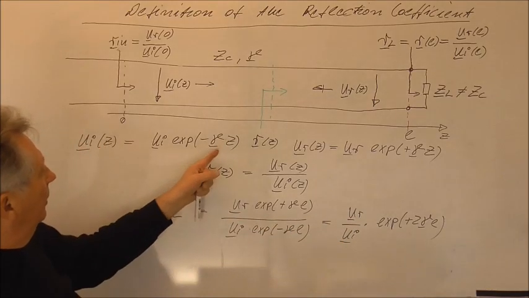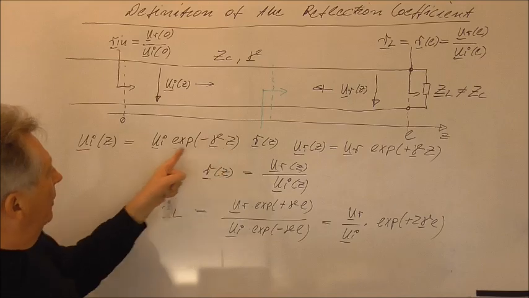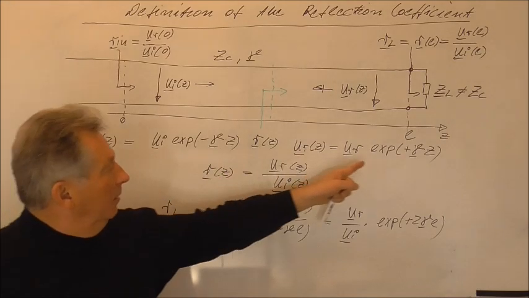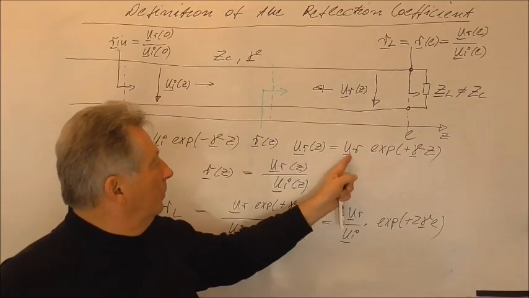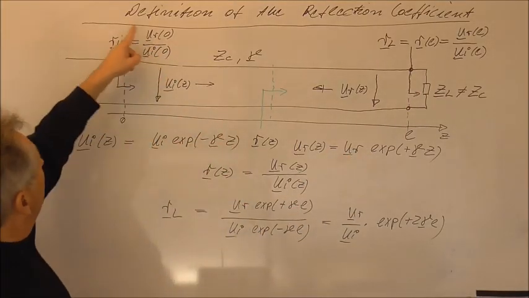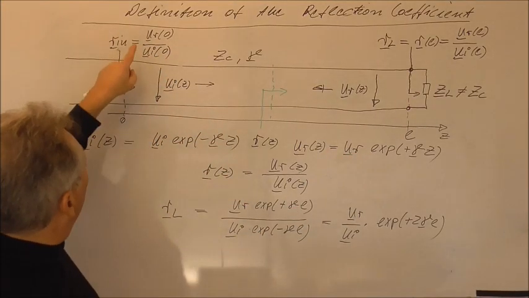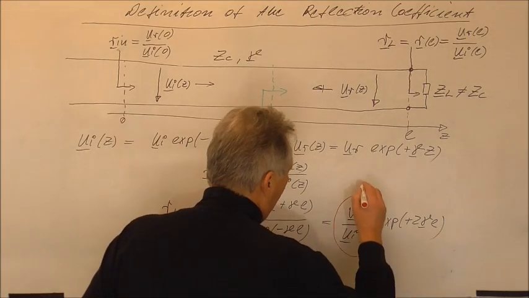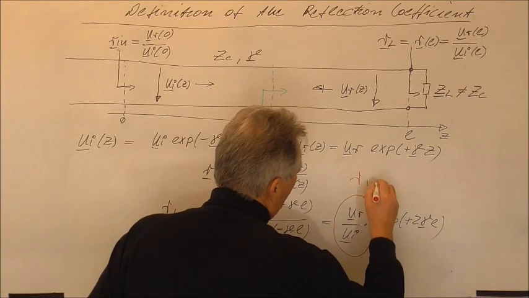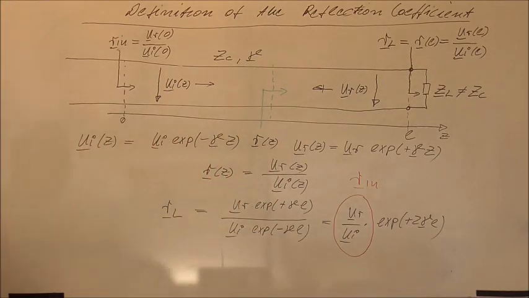So we see here, for example, we have the ratio of UR over UE, and if you insert z equal to 0, then you get UE here. If you insert here z equal to 0, you get UR. So you see that the input reflection coefficient is equal to this term. This is our input reflection coefficient.